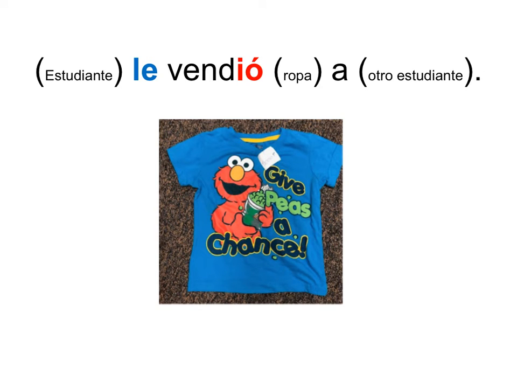Oh, perdón, no es la camisa. Aquí es, no es la camisa, es la camiseta. Muy bien. Ok. Voluntario. La camiseta. Bella, gracias. Yo vendí la camiseta a Morgan por 5,000 pesos.